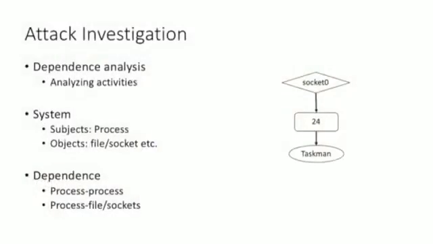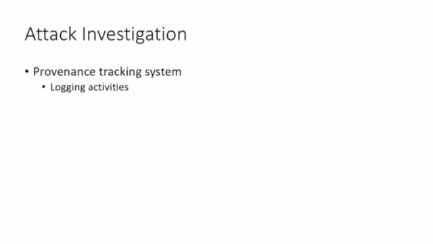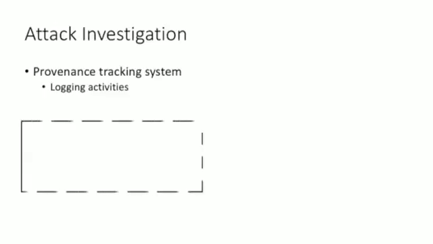A causal graph will look like this. The edges represent causal relationships, and the nodes represent the system objects or subjects. We use different shapes to represent different types: sockets are diamonds, and processes are triangles. Here is an overview.